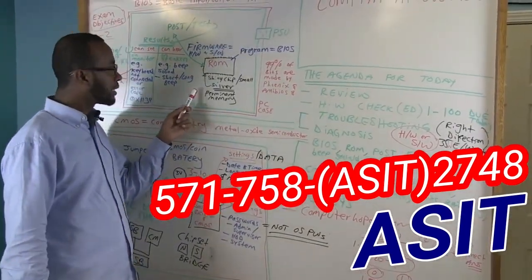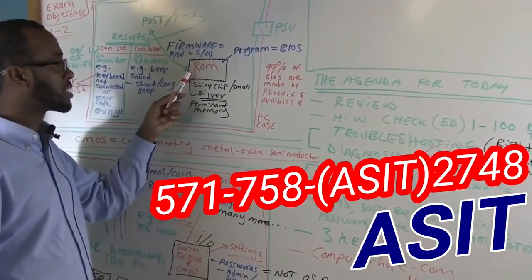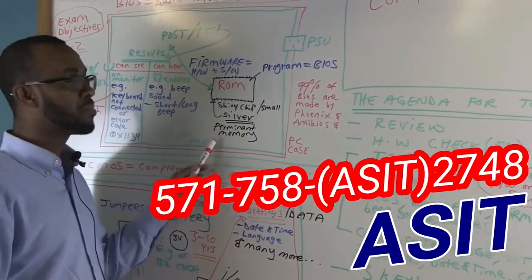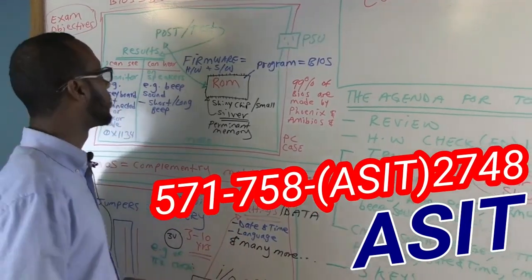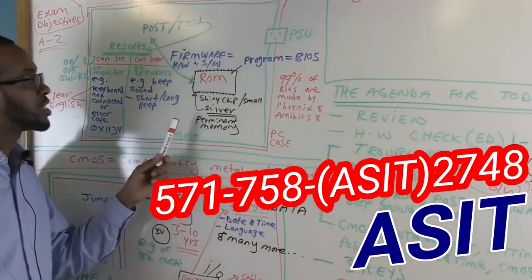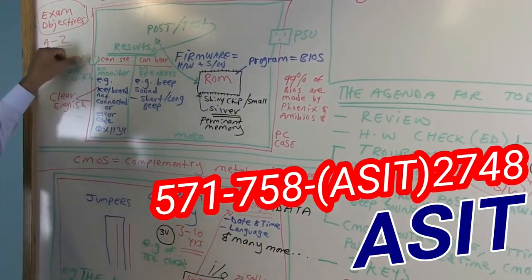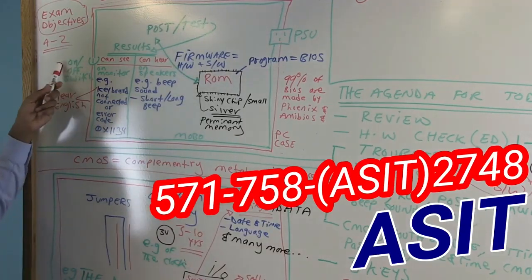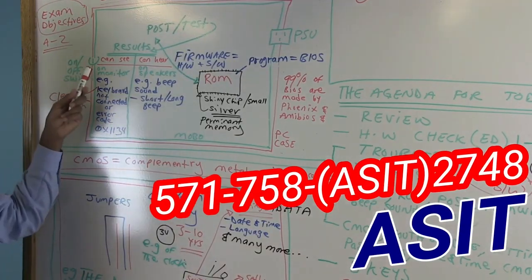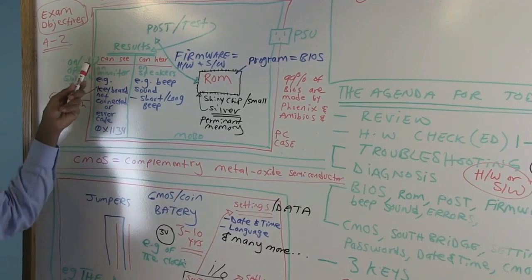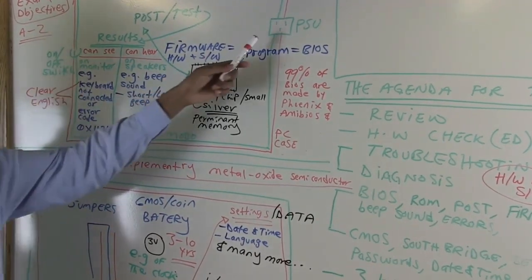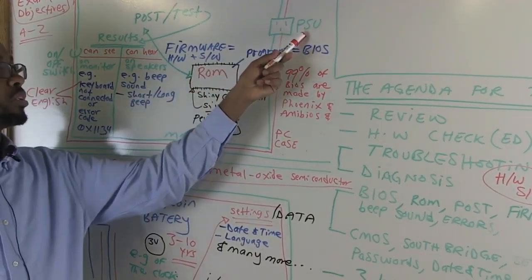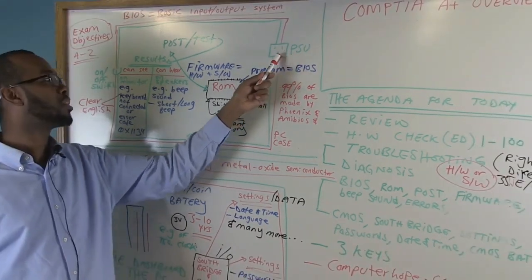So the type of memory that is in ROM is permanent. So it is permanent memory. And the first job it does is when you first turn on the computer, on the on and off switch, you can see it's 0 and 1, right? When you power it on, it's going to get power from the wall through the PSU, power supply unit.